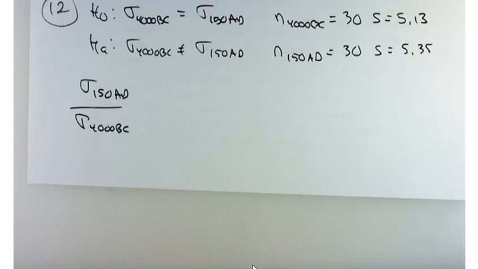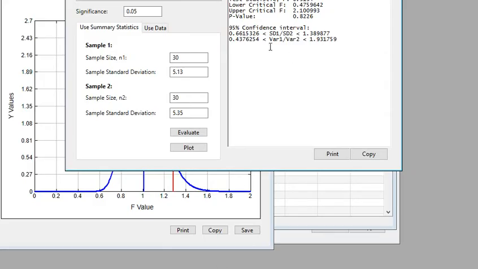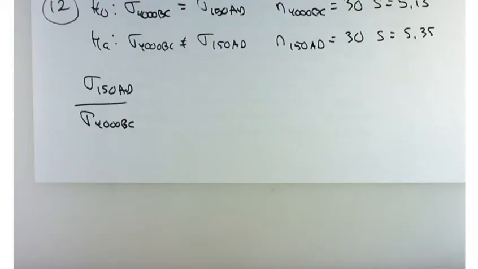If you look at our confidence interval, the way it's set up on StatDisk, our confidence interval is for the ratio of these two things. The important thing to see is that that interval contains the number 1. If it contains the number 1, then that means that these two variances or these two standard deviations could be equal.